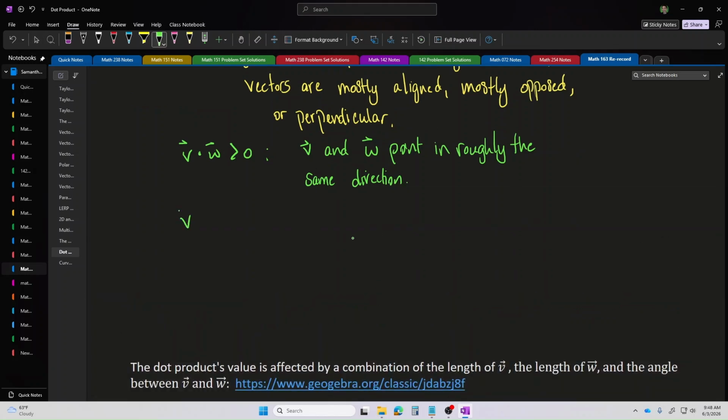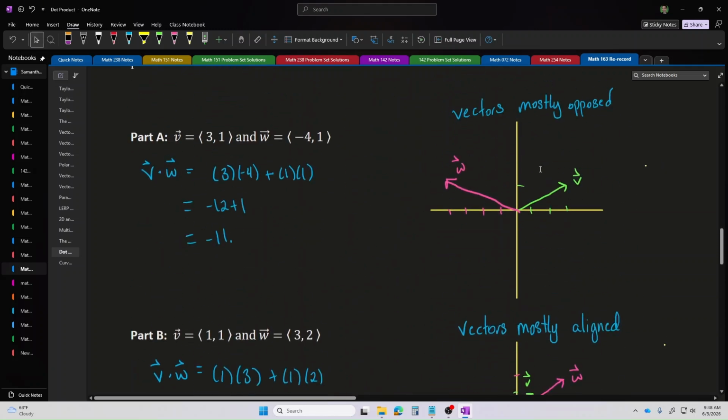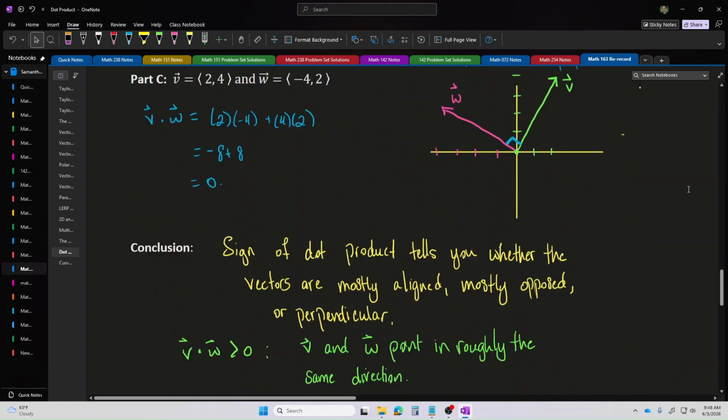If the dot product returns a negative value, then this is an indication that V and W point in roughly opposite directions. They may not be pointing in exact opposite directions, but they are more opposed than they are aligned.